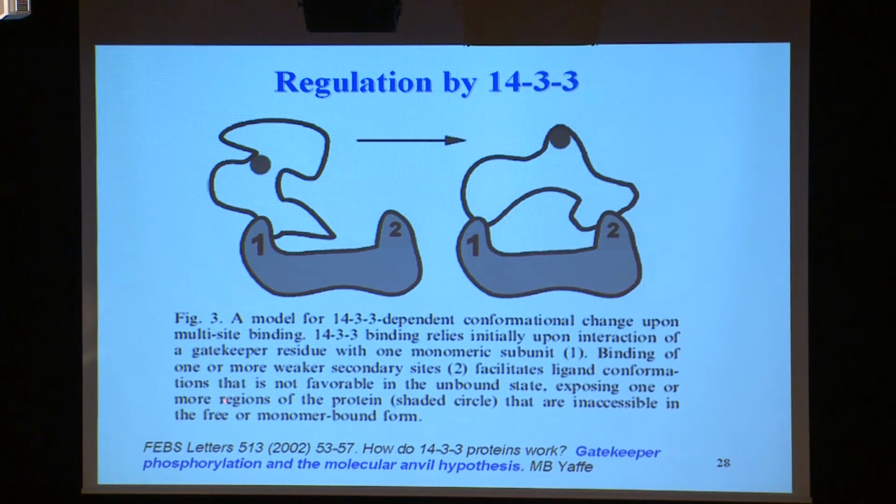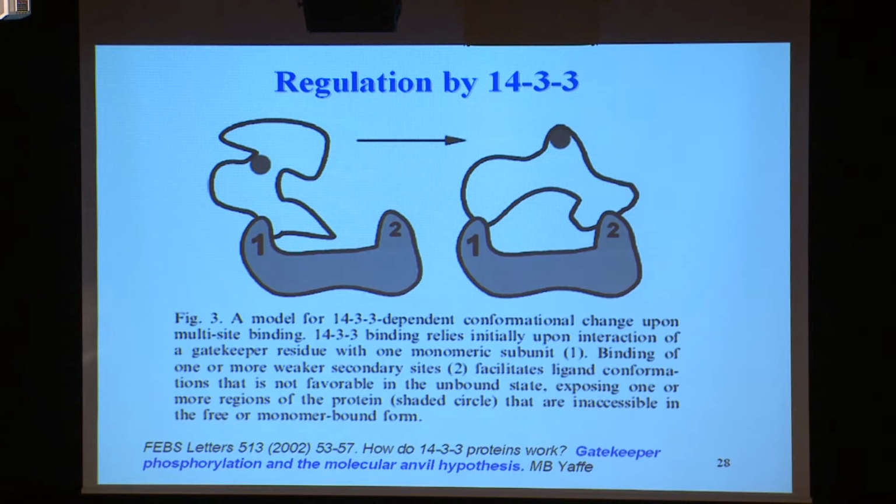And this led Mike Jaffe and others to hypothesize that you could have a dimer of 14-3-3, and a protein with a highly tight binding phosphorylated motif that binds here, and then once it's bound, a second site can get phosphorylated and promote binding to a second site.